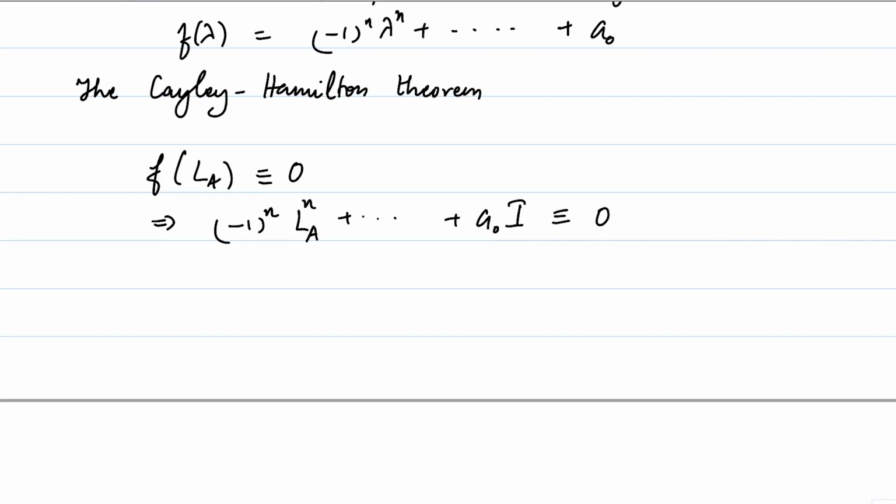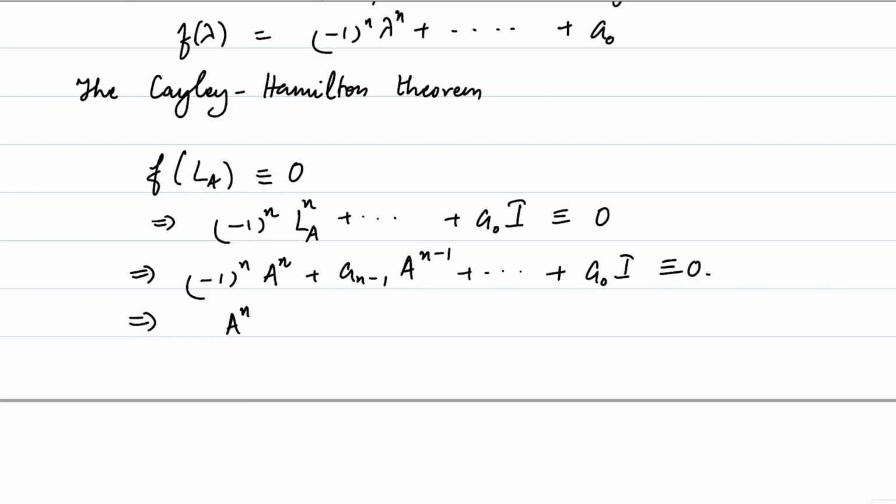And by going down to the basis, this implies that minus 1 to the power n times A to the power n plus so on, plus a1 A, plus a0 I is the zero matrix. So this implies that A to the power n belongs to the span of I, A, A square up to A to the power n minus 1.